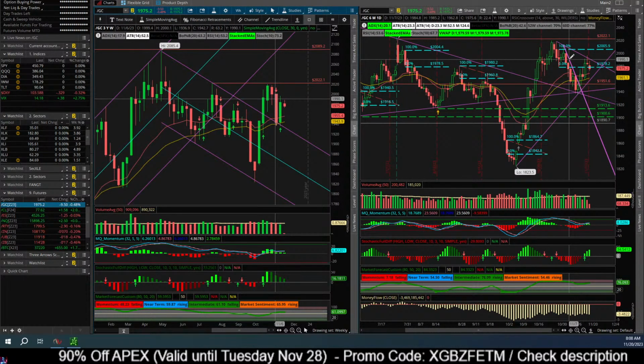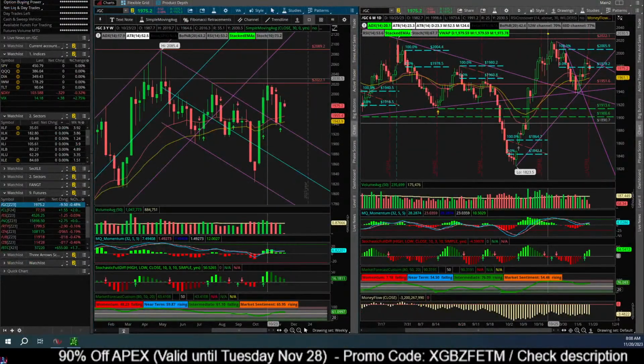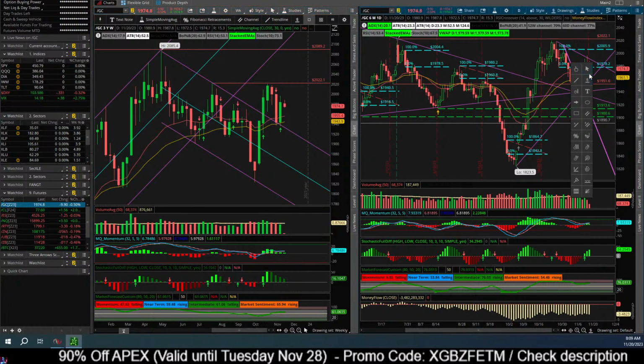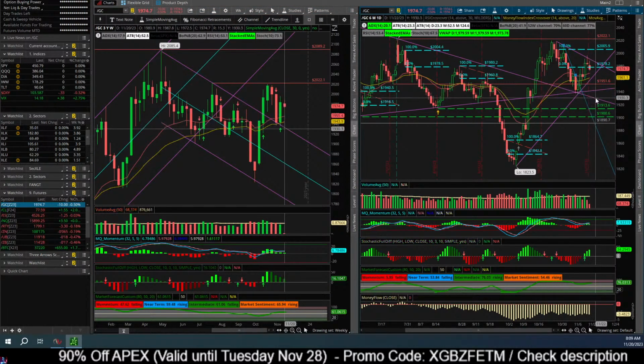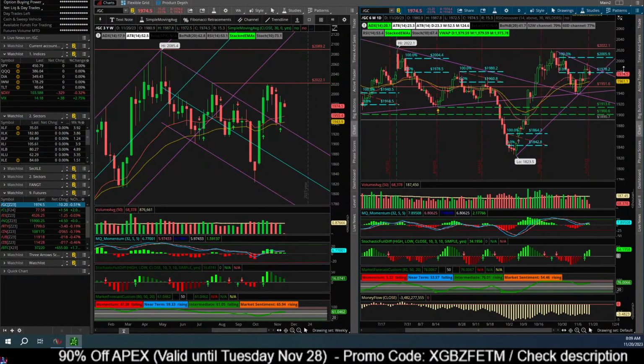I formed this triangle based on those two topping tails up there, and then coming back, tried to go through but failed and came back down. So now we're inside the triangle. What I'm gonna do is to take this one and remove it now that it's no longer valid, so we can keep the chart clean.